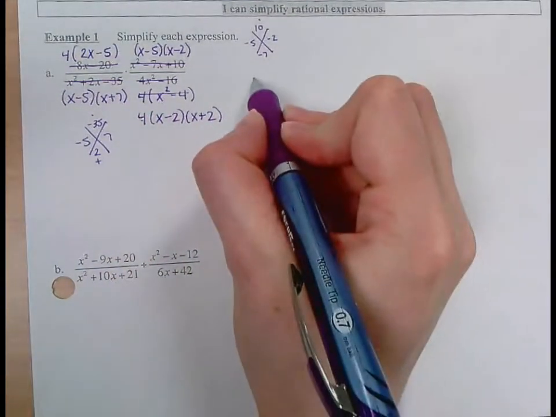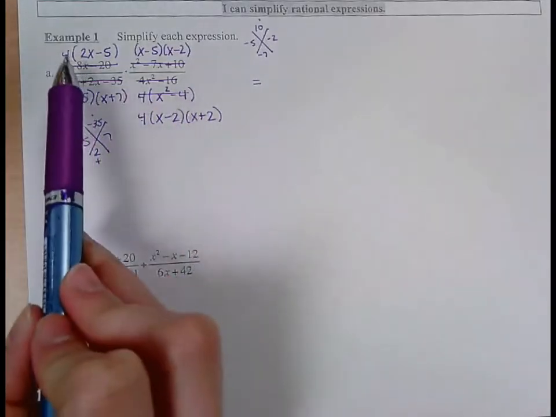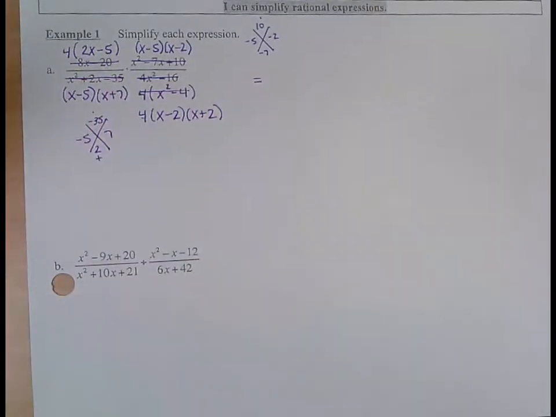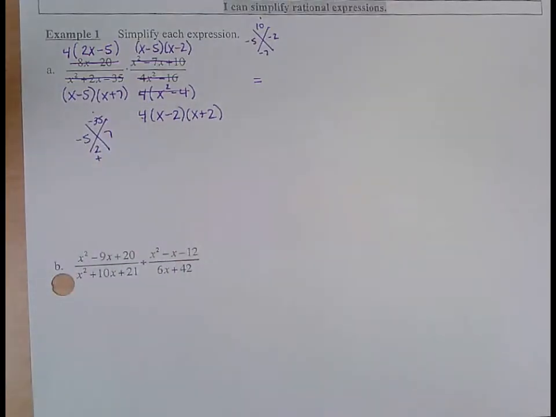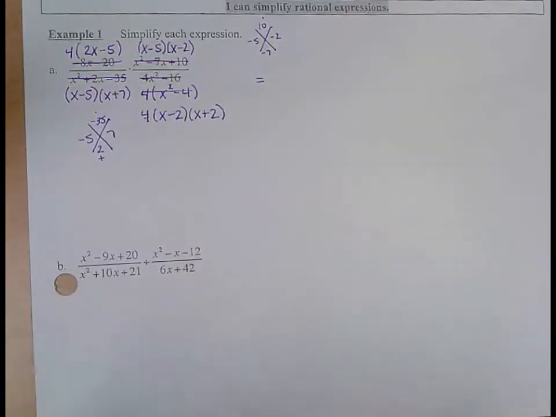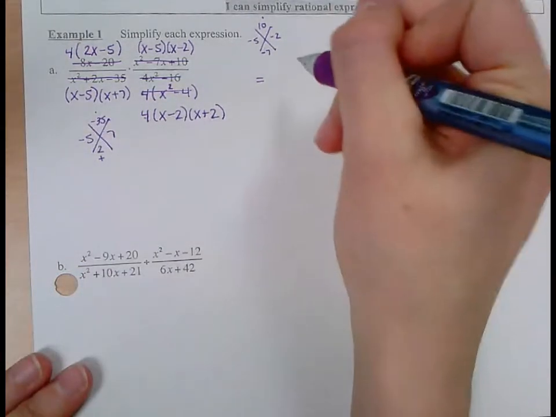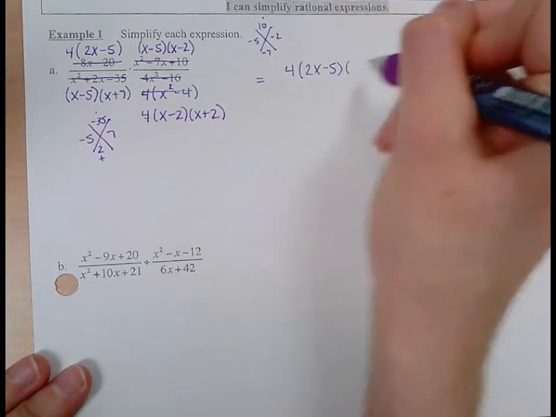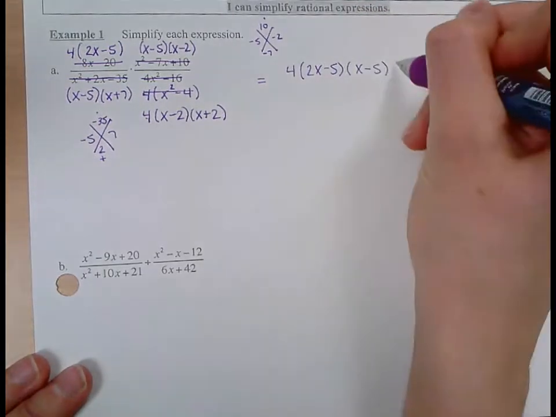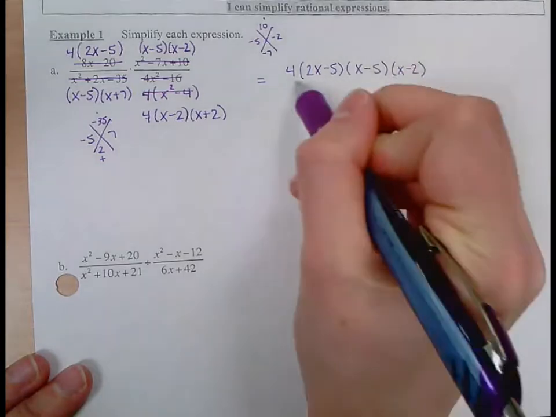Okay, so then I'm going to rewrite this. Everything across the top is multiplied. I just have everything factored. Same thing with the bottom. Everything across the bottom is multiplied. It's just all factored. So keep it factored. I'm just going to write it all together as one fraction. Along the top, I have 4 times 2x minus 5 times x minus 5 times x minus 2.